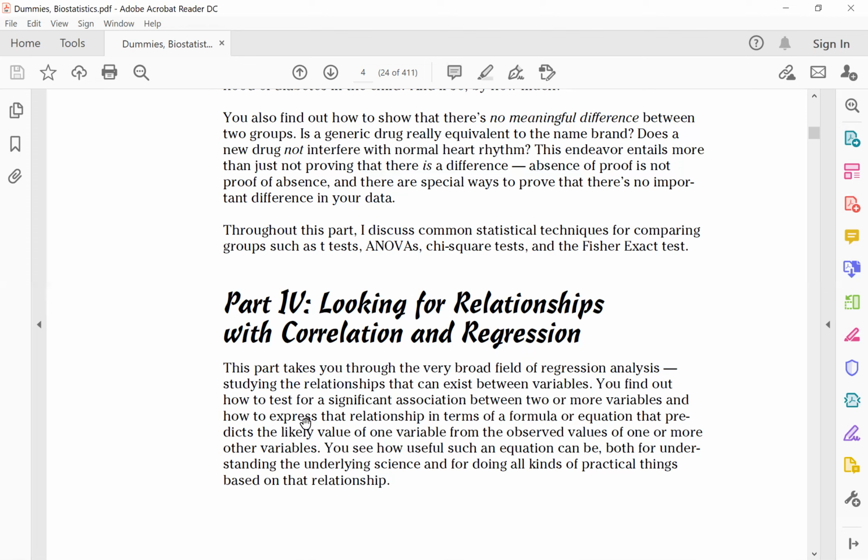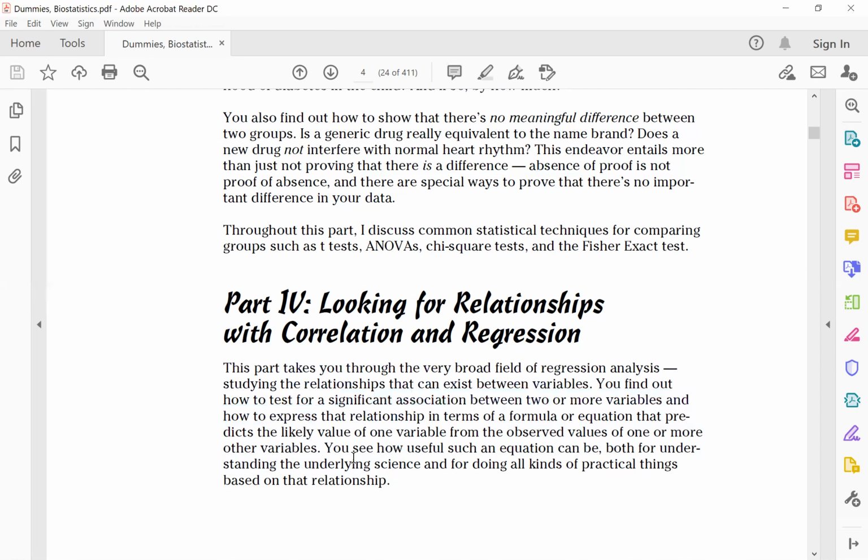You'll find out how to test for a significant association between two or more variables and how to express the relationship in terms of a formula or equation that predicts the likely value of one variable from the observed values of one or more other variables.